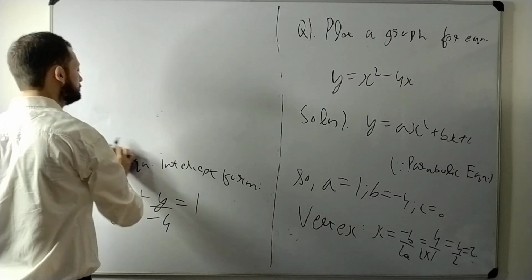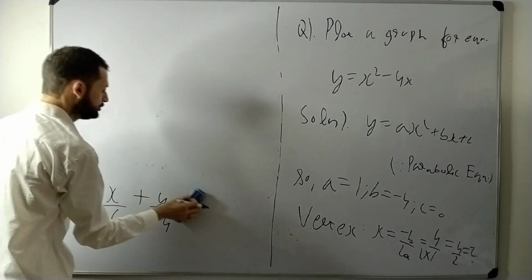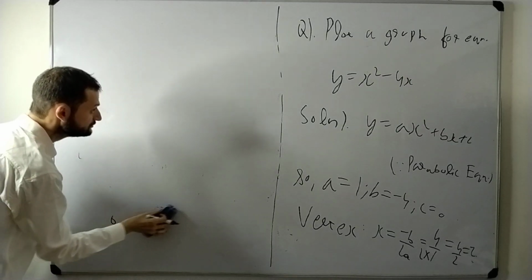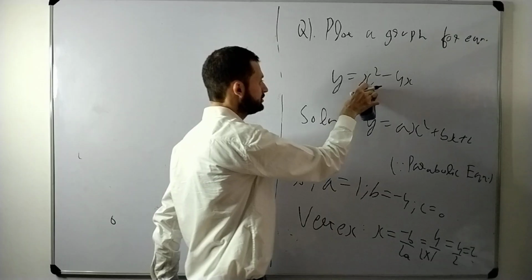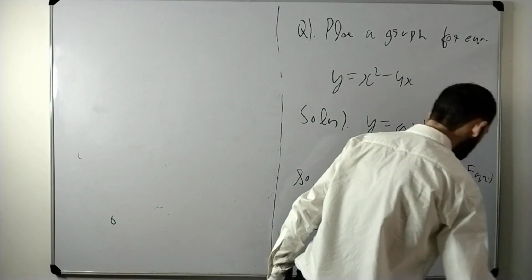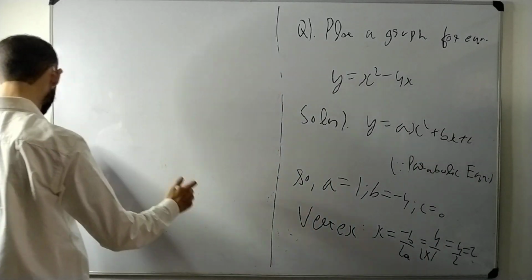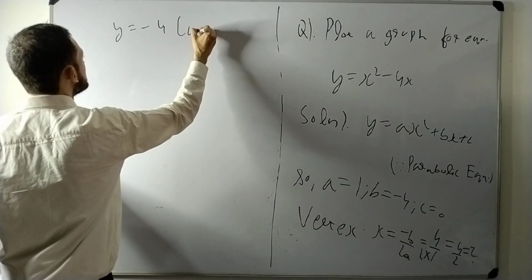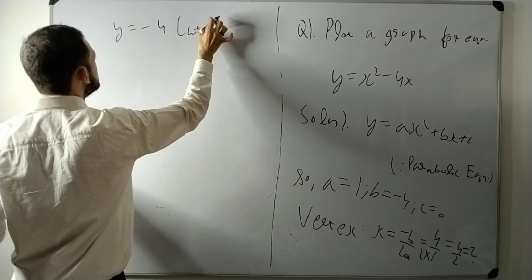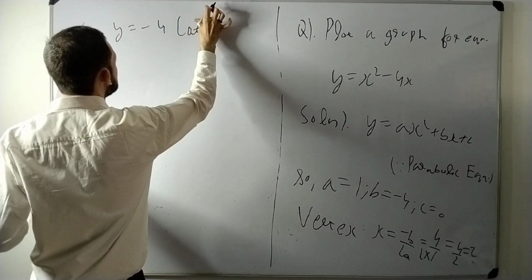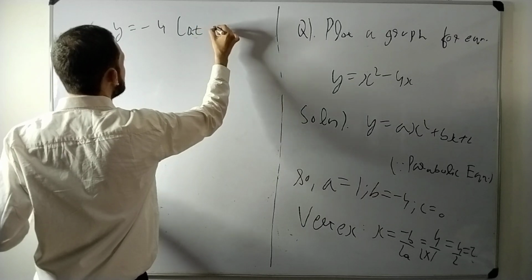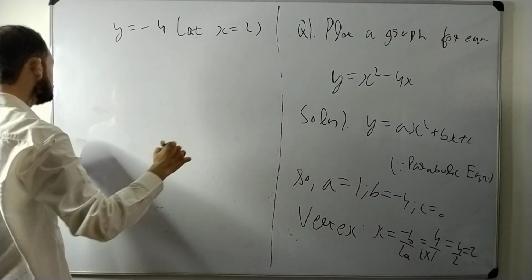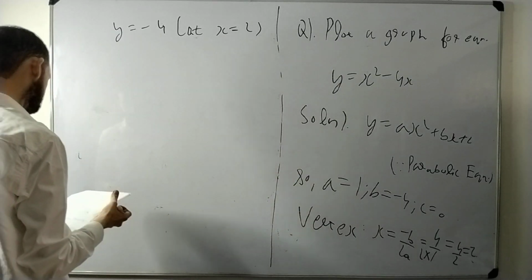Then the y value, if x is equal to 2, put x equal to 2 into the equation and you get y, and it actually comes to be minus 4 at x equal to 2. Okay, students, minus 4, yes.